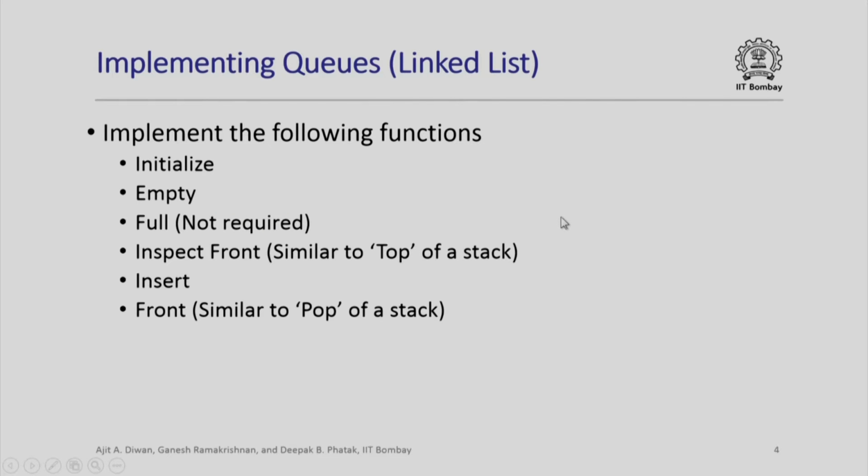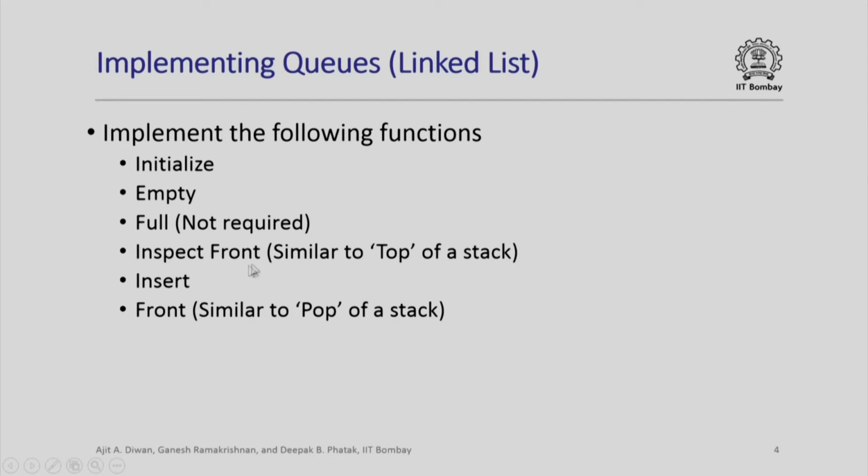We revisit the functions that we will have to write to initialize the queue, to test the status of the queue, whether queue is empty or full. Notice that full is not required in this case because we are using dynamic allocation of memory, and we presume that memory is always sufficient to handle as many elements as we wish to insert in the queue.